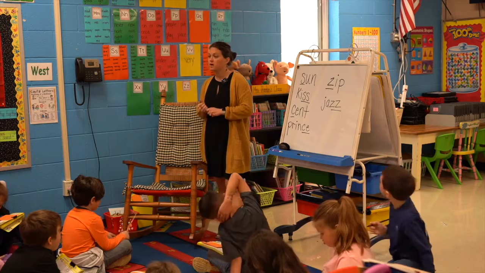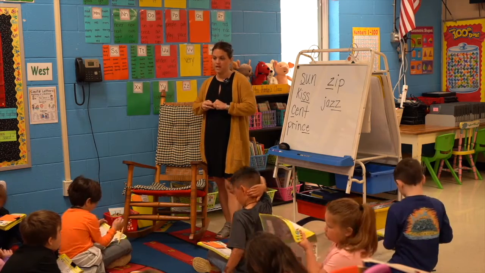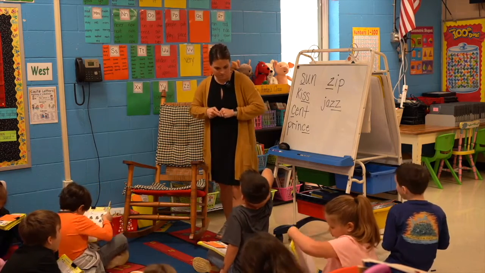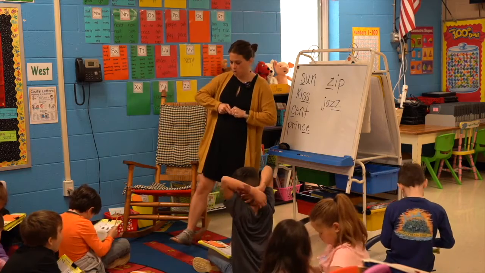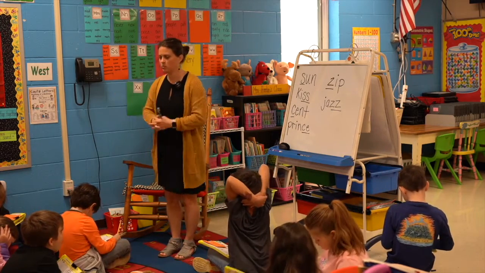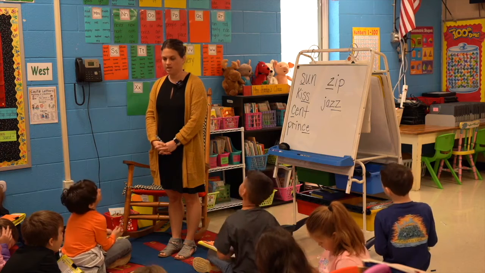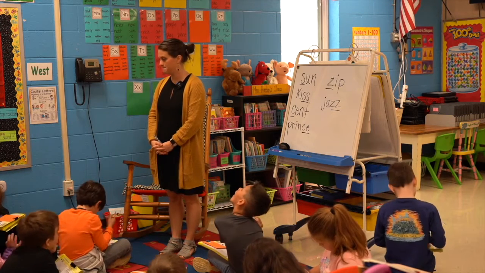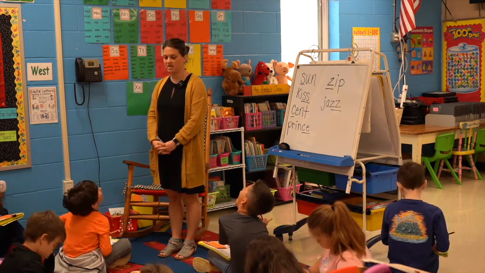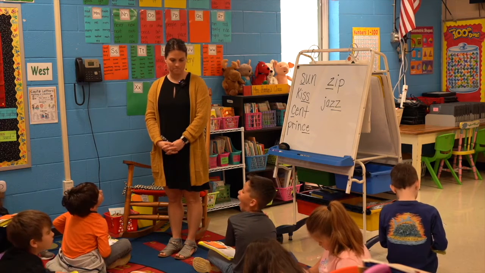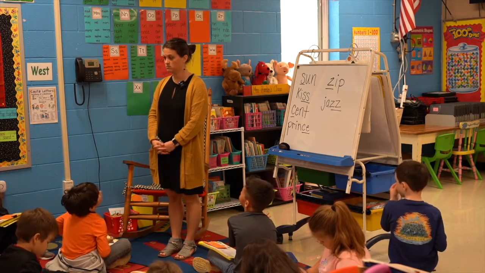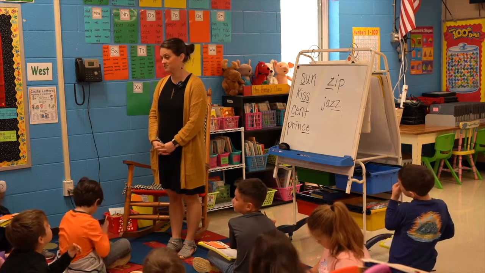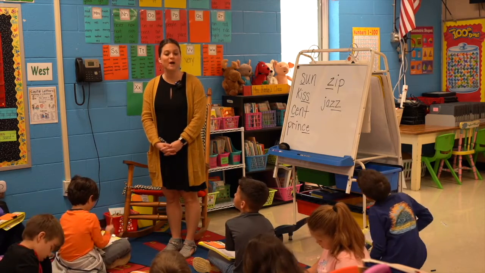All right, we have one more word, and it's kind of tricky. If I say this word right now, I want you to tell me what you hear at the end. Ready? Pigs. Pigs. You hear an S? What do you hear? I didn't ask you what you would spell it with.